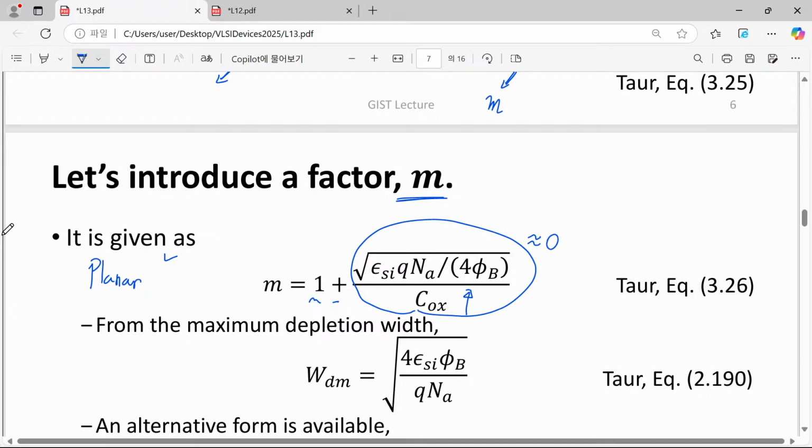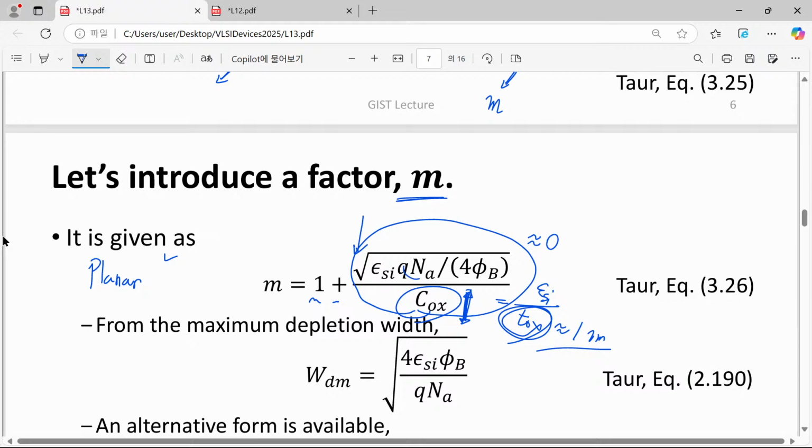How can you increase Cox? Cox is given as epsilon silicon divided by equivalent oxide thickness. So if we have extremely thin oxide, then due to this quite high Cox value, we can reduce this second part quite much. However, the value of equivalent Tox is more or less bounded at about 1 nanometer, even for extremely highly scaled devices. So this number cannot be reduced any further.